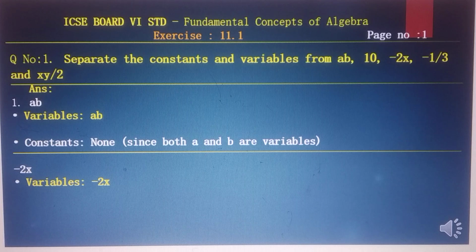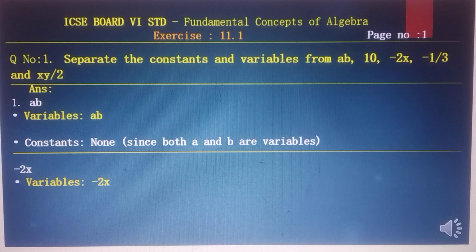Exercise 11.1, question number 1. Separate the constants and variables from ab, 10, minus 2x, minus 1 by 3, and xz upon 2.